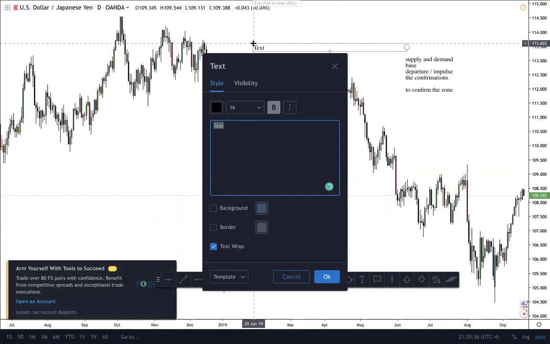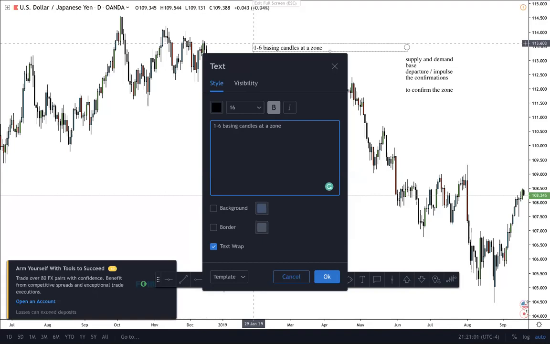The rules for the basing candles go as follows. There can only be 1 to 6 basing candles at a zone. If there's more than 6, that means there's too much trading in the area.